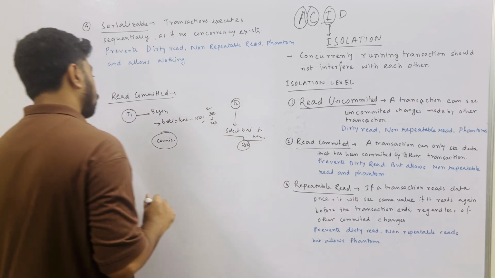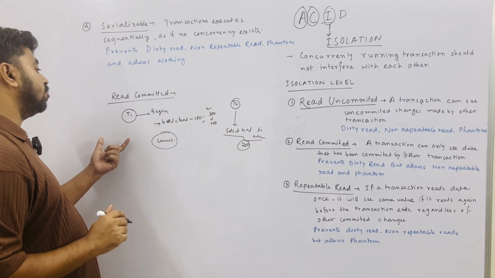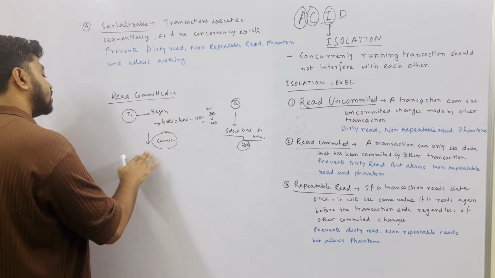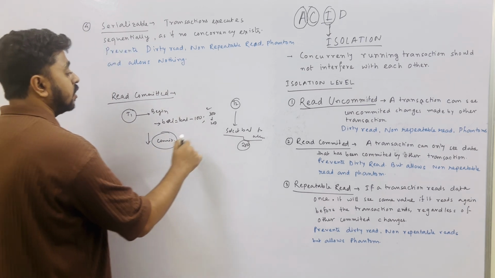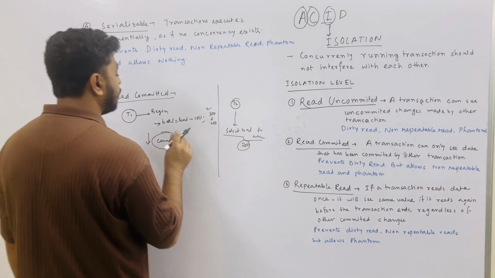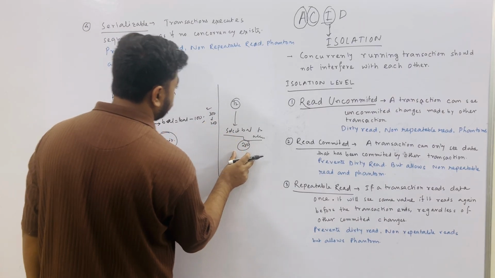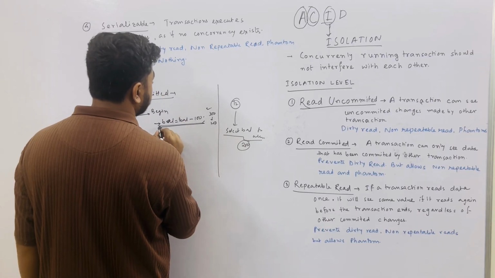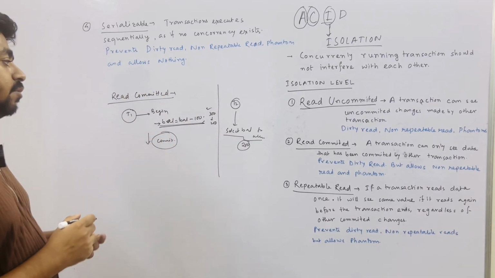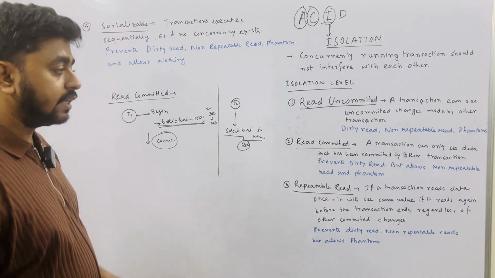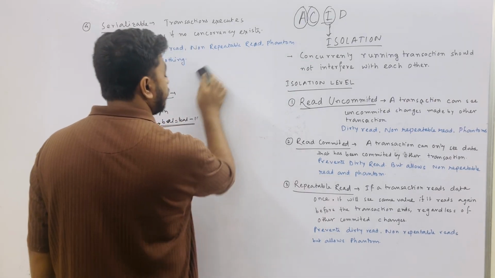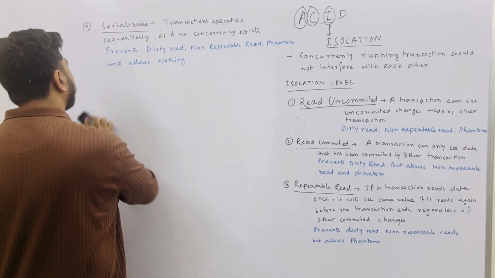So what happens in read uncommitted? Even before another transaction commits, a transaction will be able to access the modified value. It will be able to read the uncommitted records. This is called read uncommitted. It creates multiple problems. The first problem is the dirty read, because we are reading the dirty value.